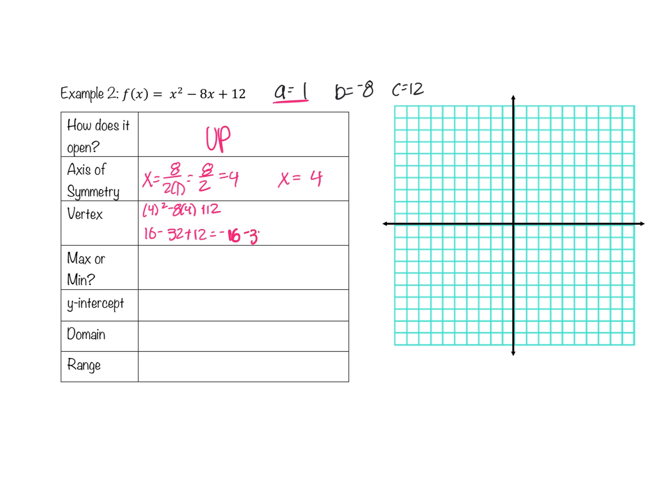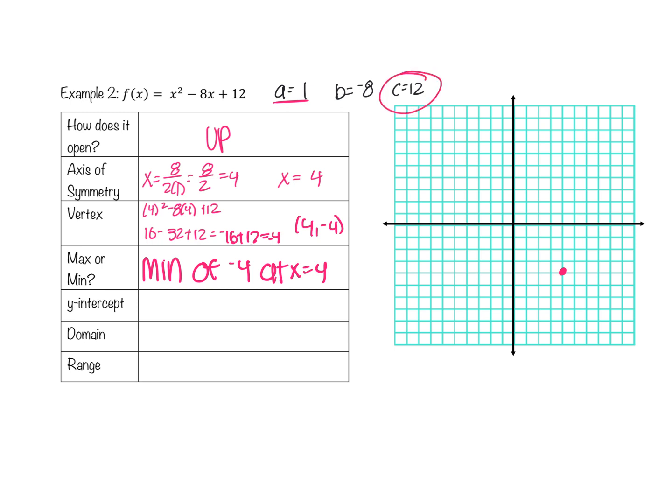And then plus 12, and -16 plus 12 is -4. So my vertex is 4, -4. I can go ahead and plot that point right there. Since it opens up, that will be a minimum: my y value is -4 at x equals 4.